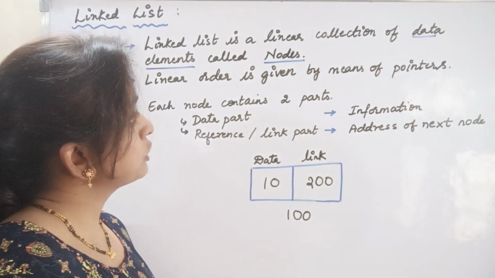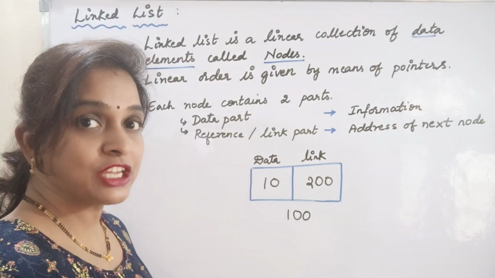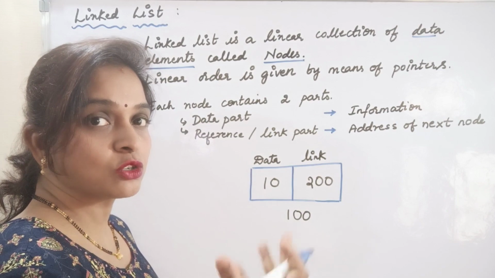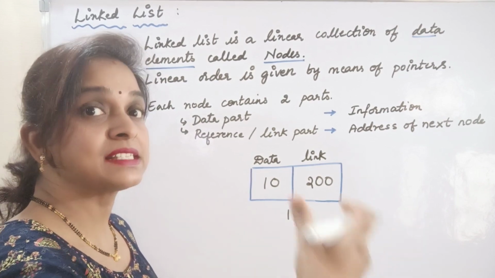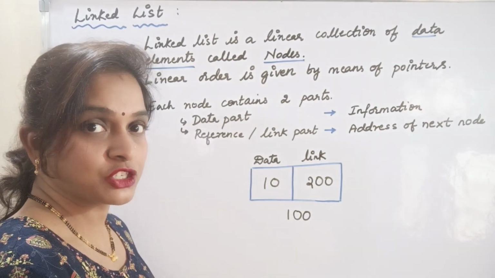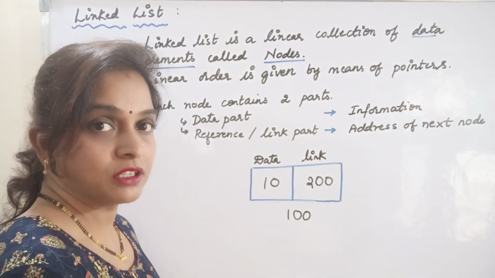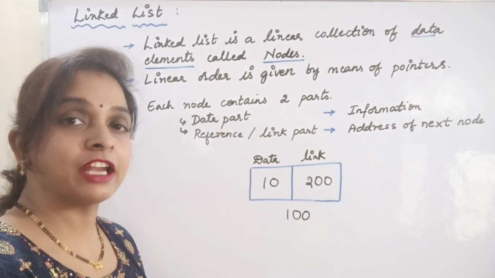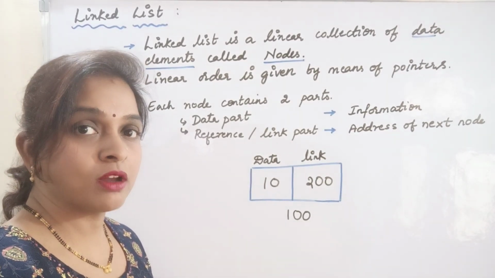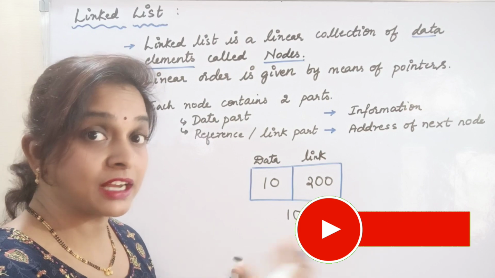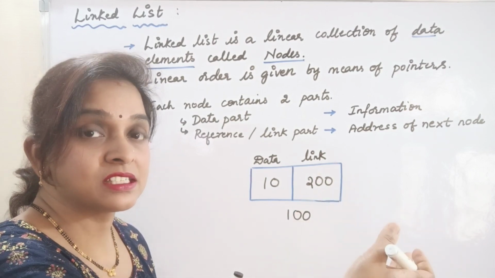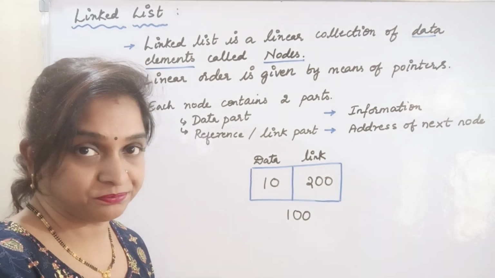So it is going to create a collection of nodes, and the linear collection of these nodes is linked to each other. Linear means one after the other. So here we have to create nodes, and this collection of nodes is interconnected, hence the name linked list. Create a list by linking to each other.